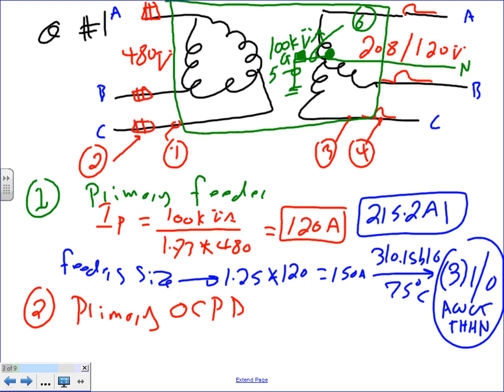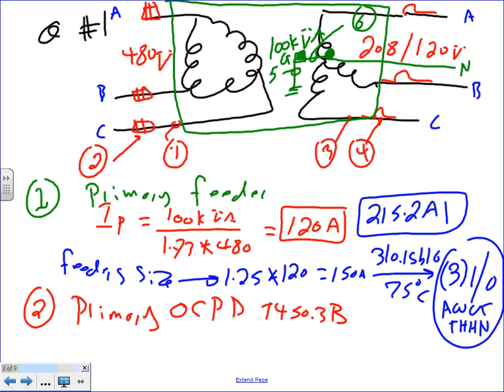Now the primary overcurrent protection device. What was the multiplier for the primary overcurrent protection device? 2.5. For this one, it's from Table 450.3(B).